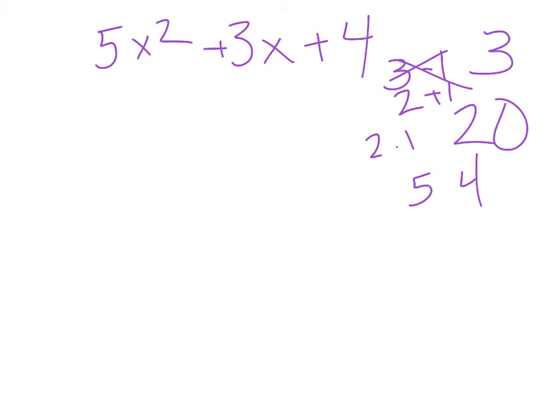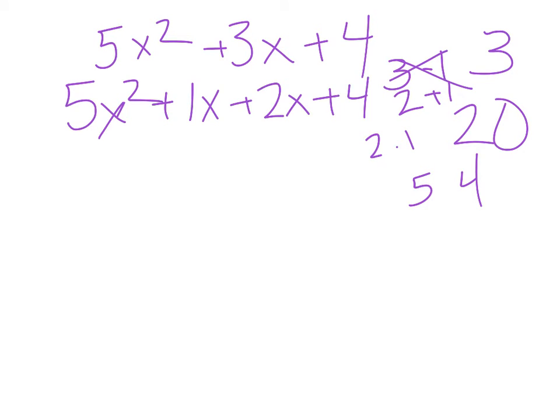Because even if you said, well, maybe it is 2 and 1, you could do this. 5x squared plus, let's see, I'm going to do x, 1x, 2x plus 4. Because 2 goes with 4 and 5 has to go with the other one.